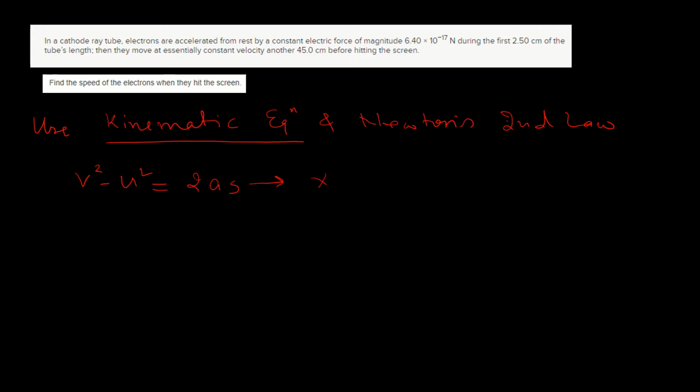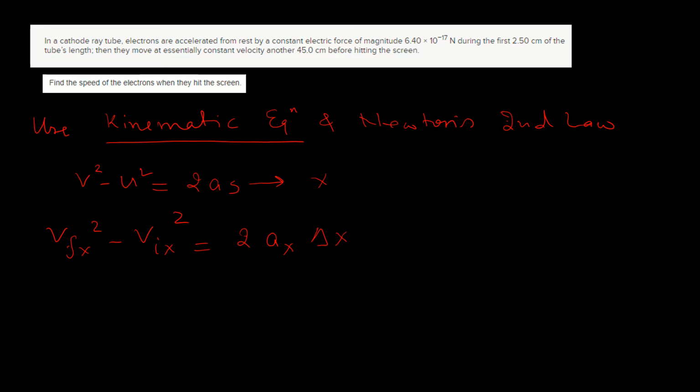Now we are gonna use this whole equation in terms of the x coordinate only. So it becomes v_fx square minus v_ix square is equal to 2 times acceleration along the x-axis times the distance along the x-axis.